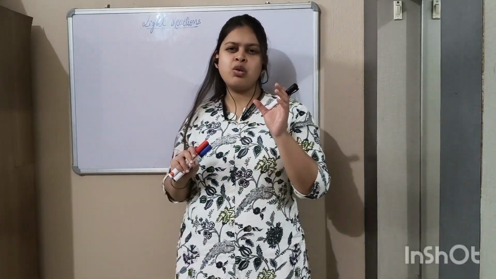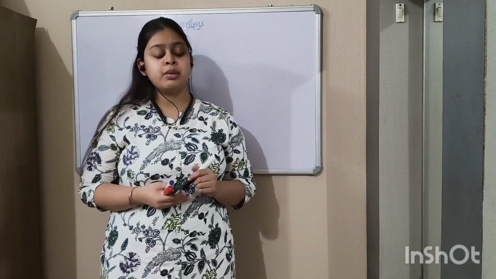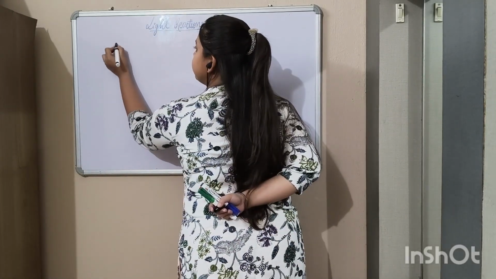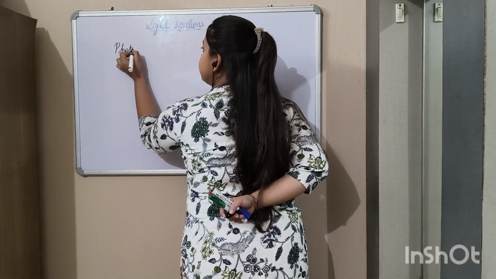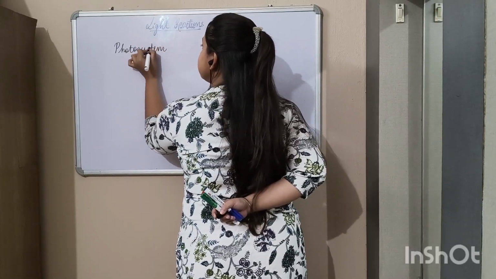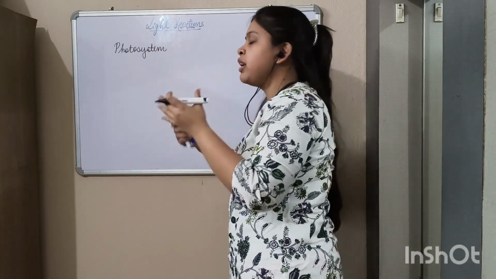Before starting the light reaction, there is a small concept I want to give you about the photosystems. What are photosystems? These are the photosynthetic units. Why do we call it a system? Because it is made up of many components. A system is something that comprises many components.